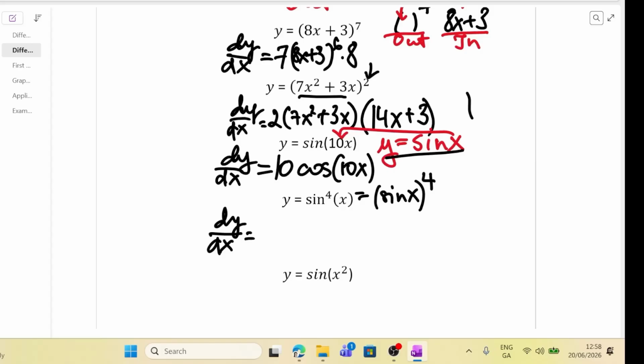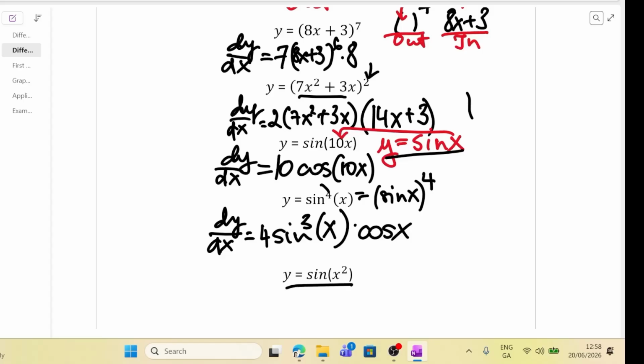So when I do that, again, it's 4 sine cubed of x, I reduce the power by 1, and then I multiply that by the derivative of the inside, which is just cos of x.